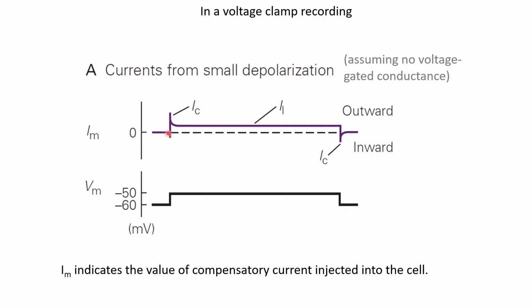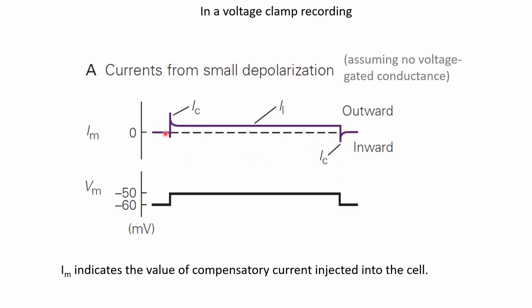So we will see a sharp pulse of compensatory current, and then this will quickly become zero again. Compensatory current is there in the beginning, and similarly there is an opposite compensatory current when the membrane potential goes from -50 to -60. The membrane is becoming more negative in a short span of time. So there is negative compensatory current at that time, and then it becomes zero later.